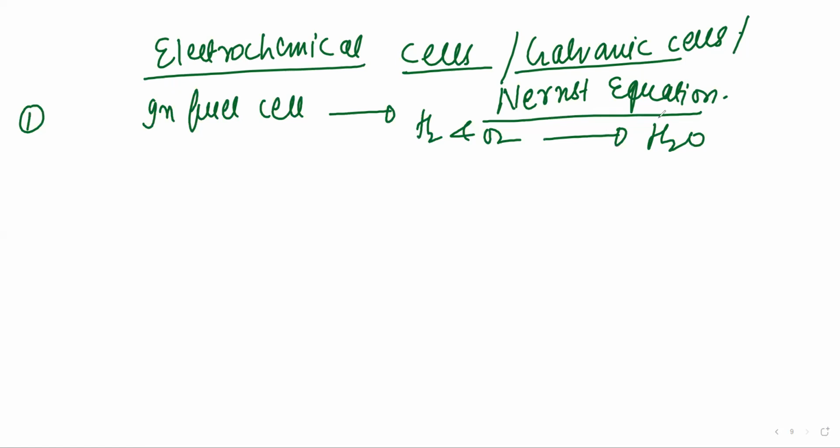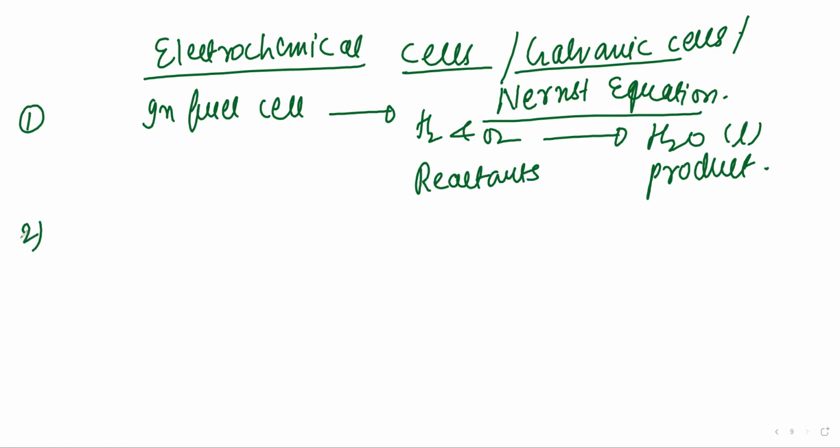So the option will be B. So the reactants are hydrogen and oxygen, and this is your product part. So in a fuel cell we use hydrogen and oxygen as reactants and form the product, right? So this is the answer of the first one.